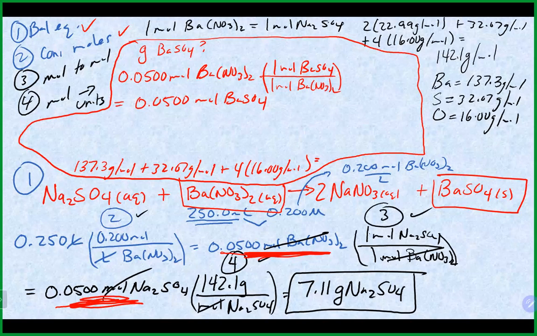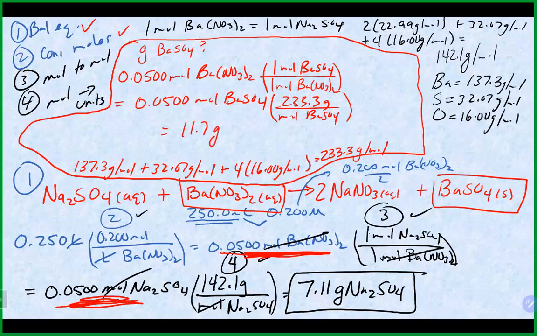Looks like 233.3 grams per mole as our molar mass. And that will be the last thing that we need here to convert these moles into grams. So that's going to be 233.3 grams per mole of barium sulfate times 0.05 gets us about 11.7 grams of barium sulfate would be produced in this case, and would be our theoretical yield of barium sulfate.